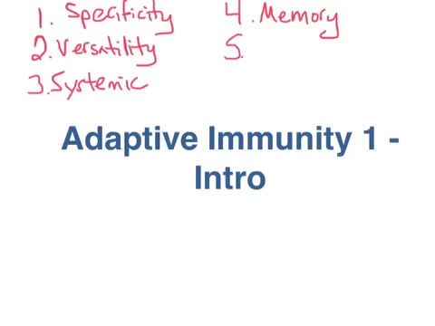Fifth characteristic is tolerance. Tolerance is the ability to not respond to self-antigens. Remember, self-antigens are proteins that are found normally in our own body. They're not usually recognized by our own immune system, but they may trigger a response if they're transferred to someone else.